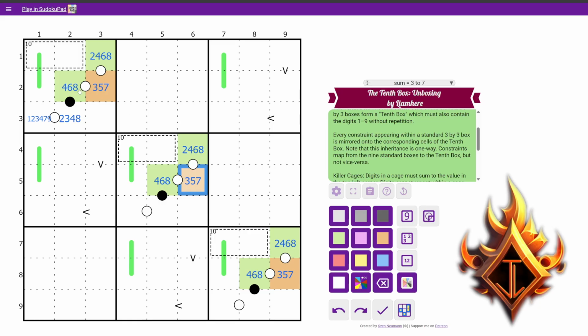And in the 10th box, these two will be in a German whisper.